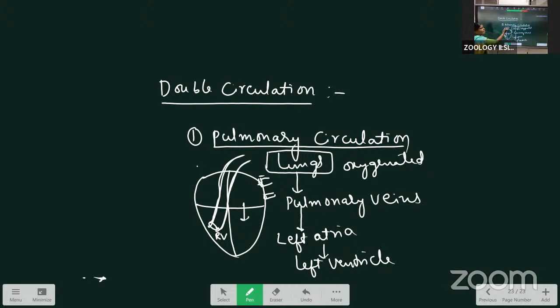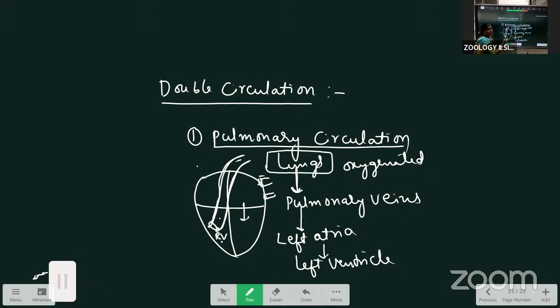What is the pathway of the pulmonary circulation? First, from the right ventricle, the blood goes to the lungs through the pulmonary arch. Inside the lungs, oxygenation occurs. After that, they return to the heart by the pulmonary veins.